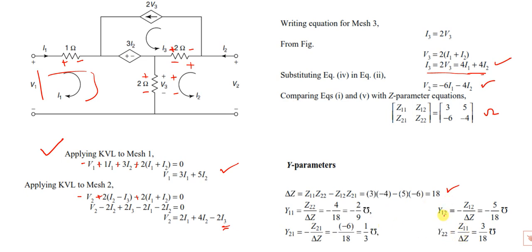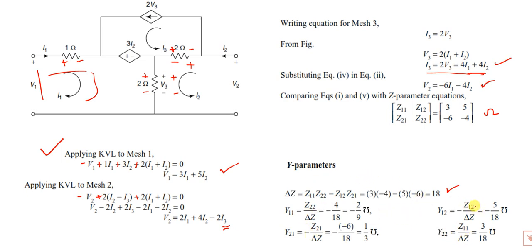And for Y12, it is the same 1 2 position, but you have to put minus Z12 by delta Z. Similarly, Y21 is minus Z21 by delta Z. So for Y11, Z22, and for Y22, Z11, divided by delta Z for all.